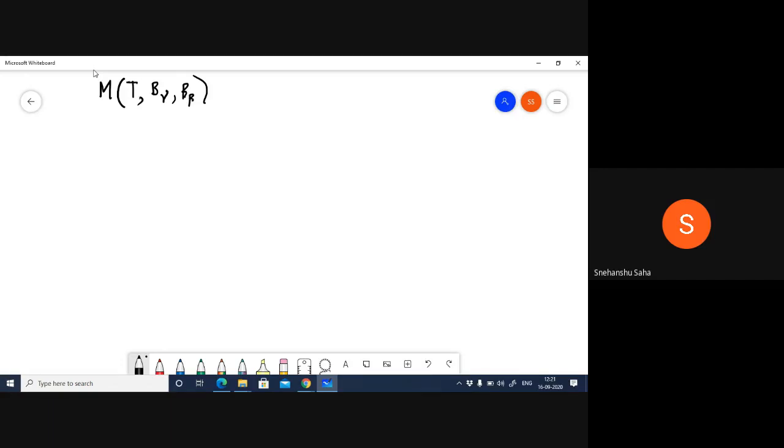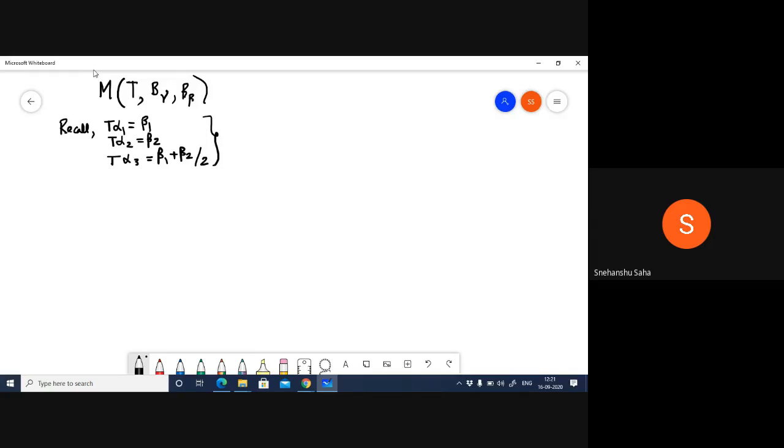Recall that we have T alpha 1 equal to beta 1, T alpha 2 equal to beta 2, and T alpha 3 equal to beta 1 plus beta 2 by 2.